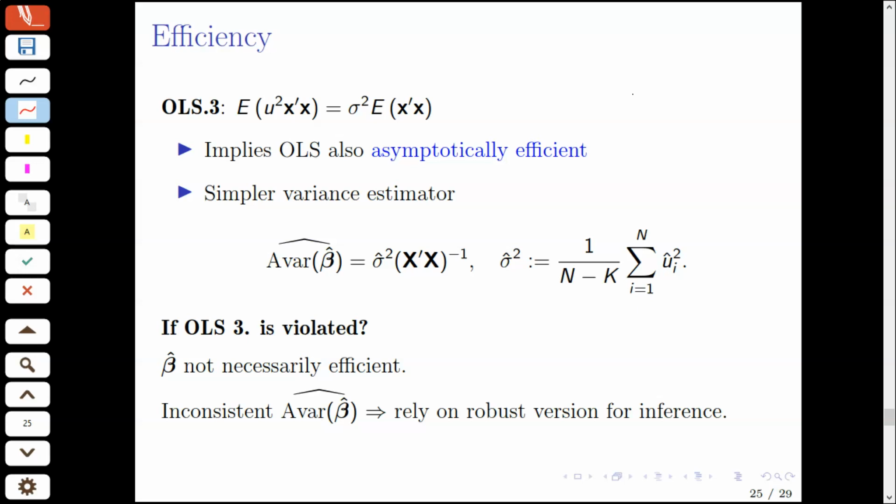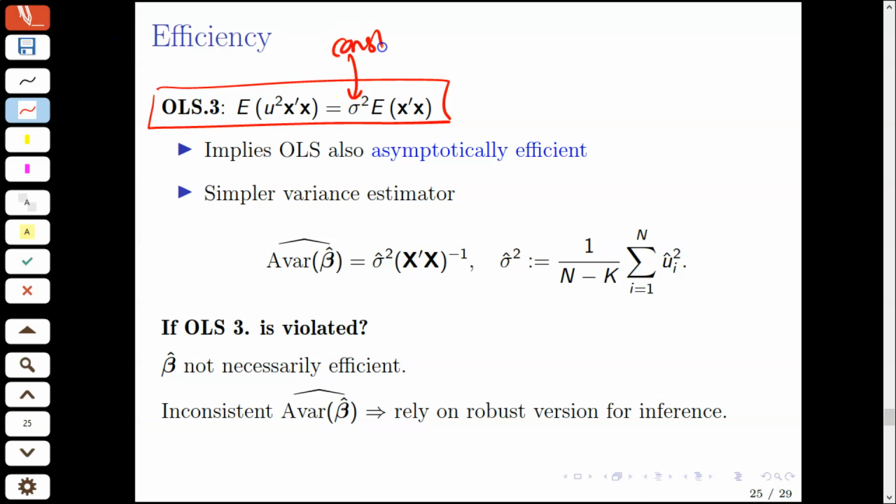So for the moment, let's introduce another assumption. Let's call it OLS3, which states the following. It says that the expected value of the squared u's times the outer product of the regressors can be written as some constant, sigma squared.